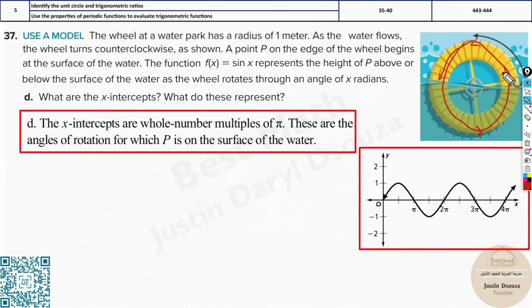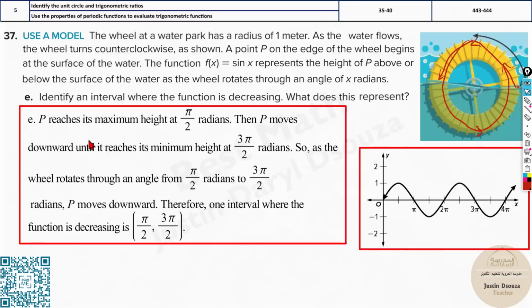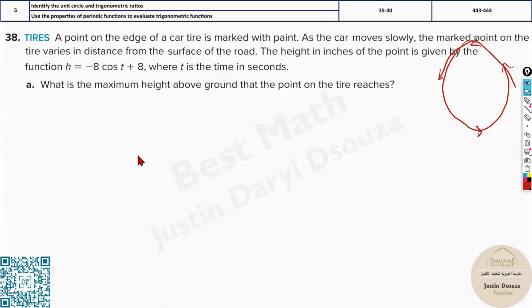Then again it's going upwards. So that is what it represents, going down and up. They have chosen the same point, pi by 2, and then it moves downwards till it reaches its lowest height. Then it keeps on going up. It's basically repeating again. So that is the basic understanding of this particular problem.